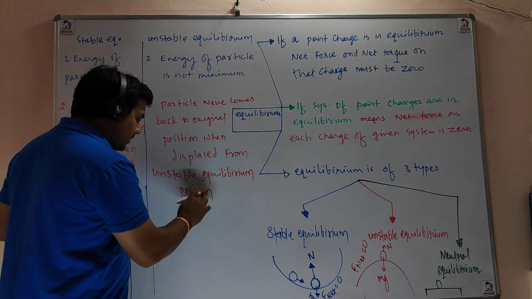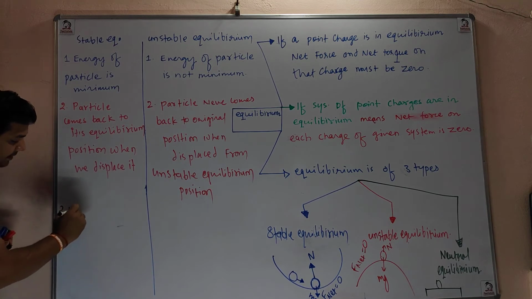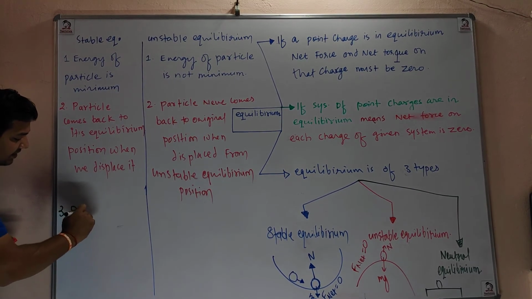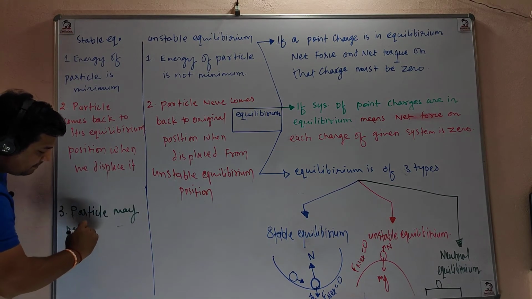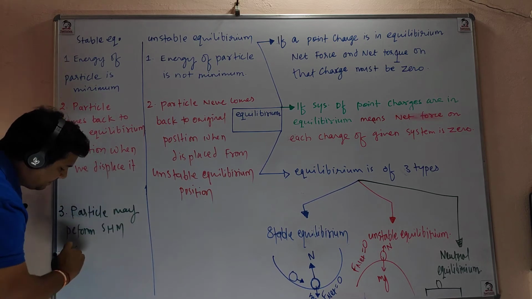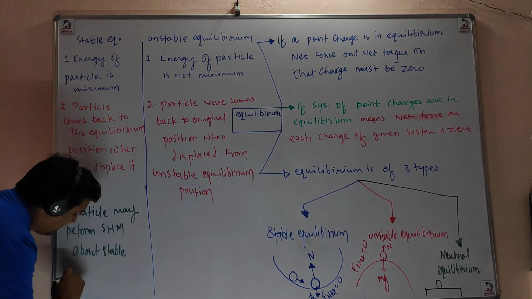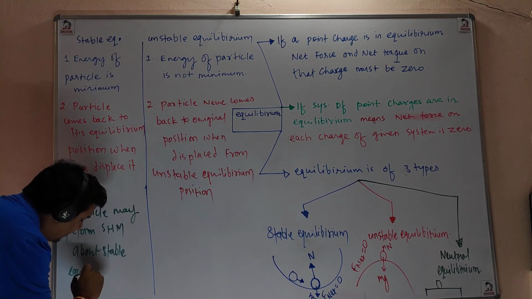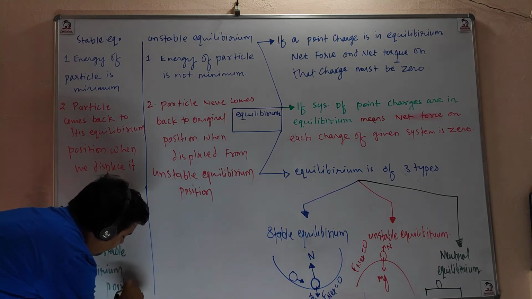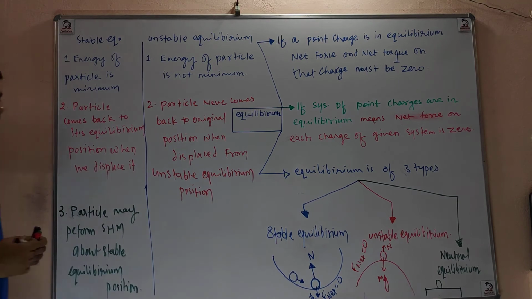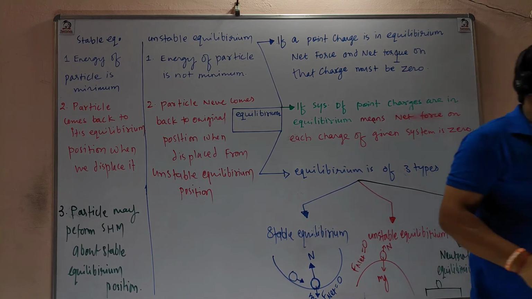The third difference is: particle may perform SHM about the stable equilibrium position. And here the particle will never perform SHM about the unstable equilibrium position.